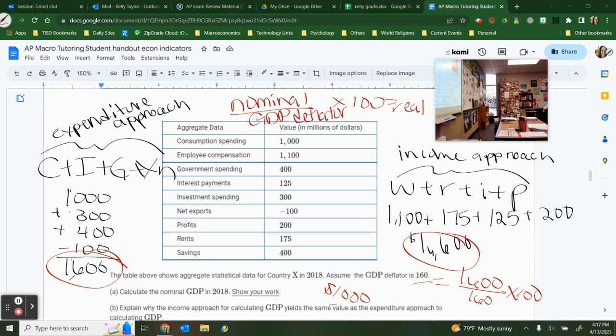So with per capita, divided by that, okay, that makes sense.